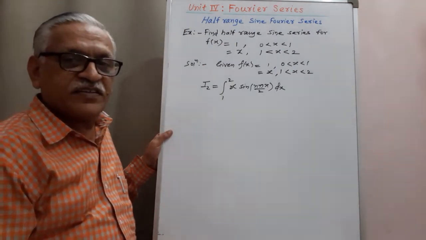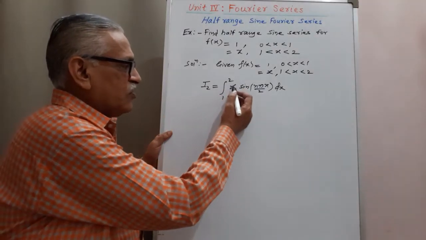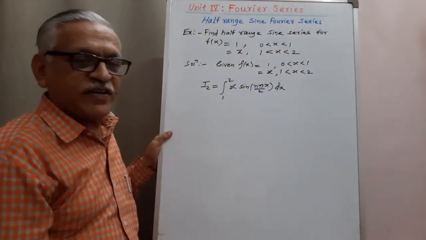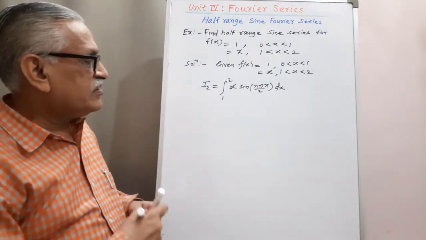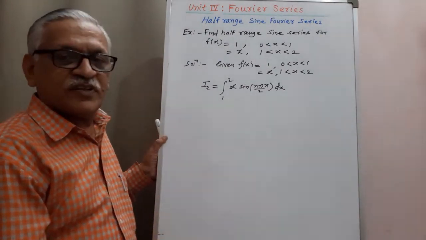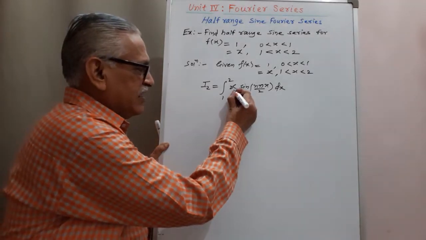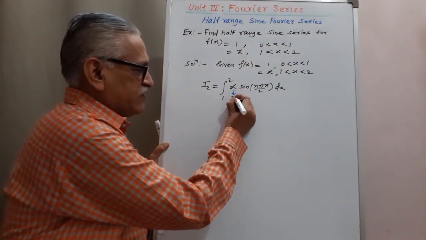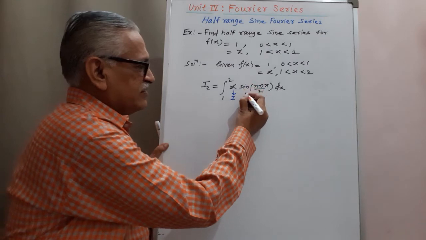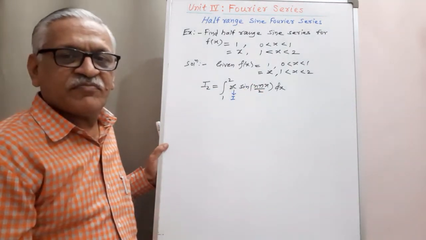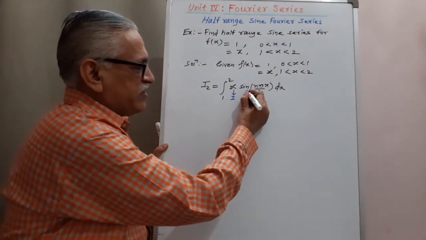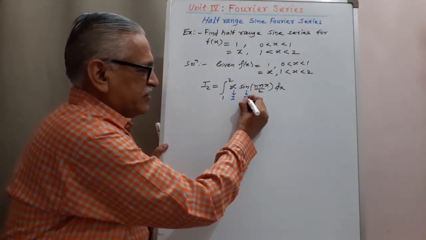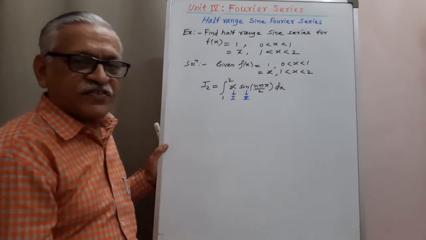I2 is integration from 1 to 2 of x sine n pi x by 2, and as it is a product of two terms in x, we have to apply the UV rule, integrating by generalized parts. X is algebraic, therefore it is the first function, and sine is trigonometric, therefore we consider it as the second function.